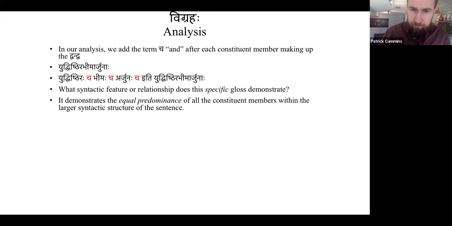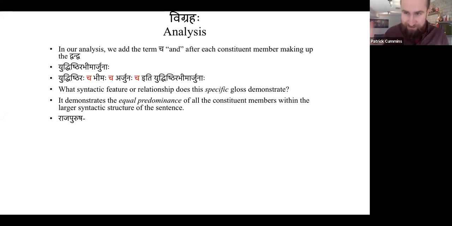And I'll just give an example, and hopefully this will clarify what I'm getting at. So let's take the example of rāja-puruṣa. So rāja, from the stem rājan, meaning king, and puruṣa, meaning man. And we're going to look at this compound both as a dvandva and as a tatpuruṣa.